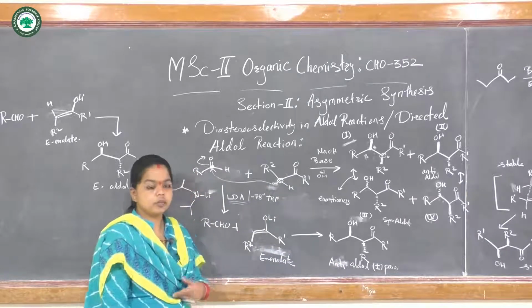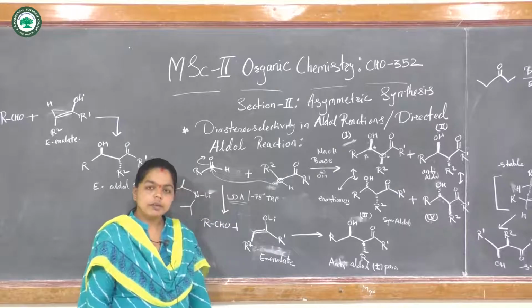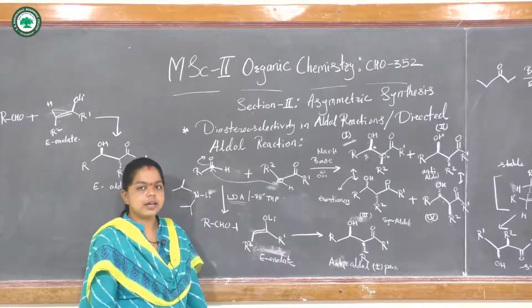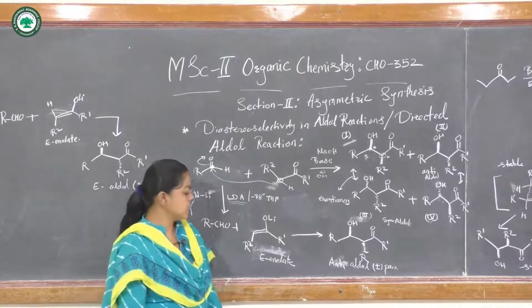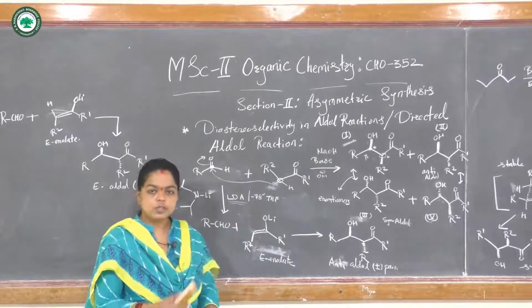Anti-aldol product is formed. So we can observe here, when we use the Z-enolate, we are getting the syn-aldol or syn-diastereomer, and when we use the E-enolate, we are getting the anti-aldol. So what is our job?